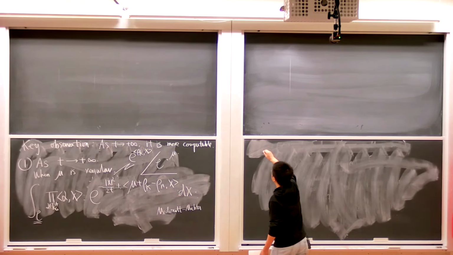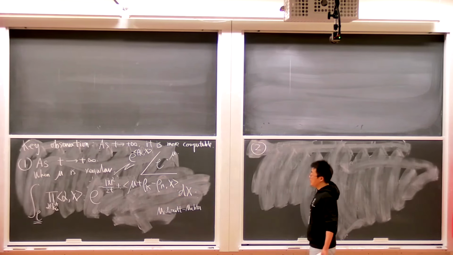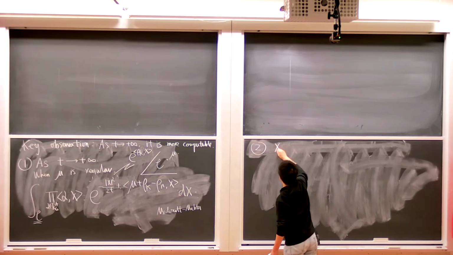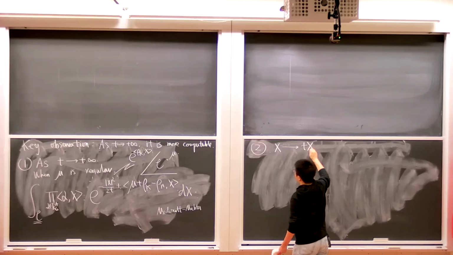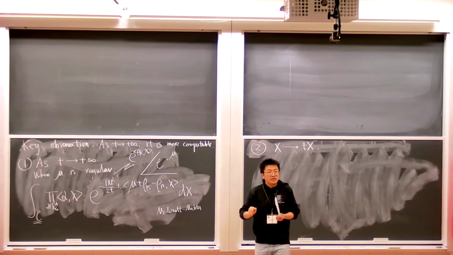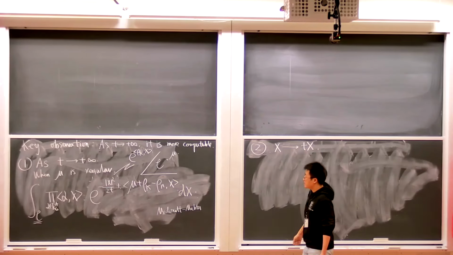So this is step 2. What we can do is replace x by tx. We just rescale this cone. Then let's see what we get.